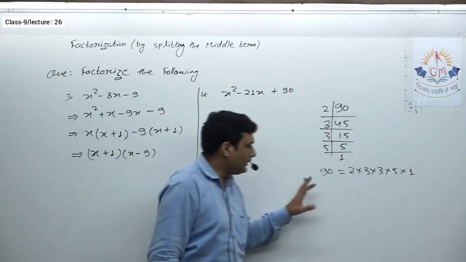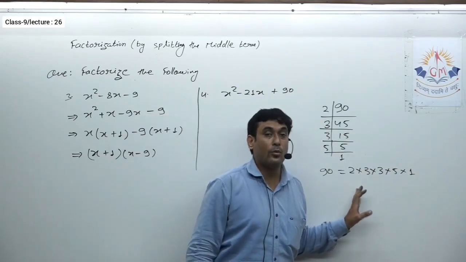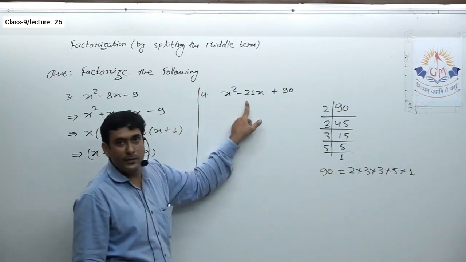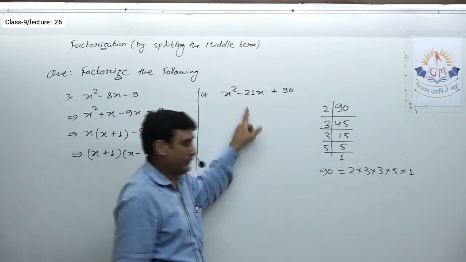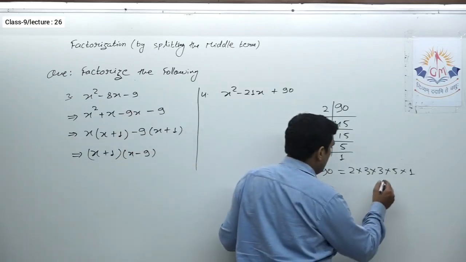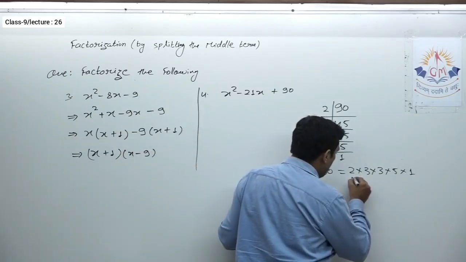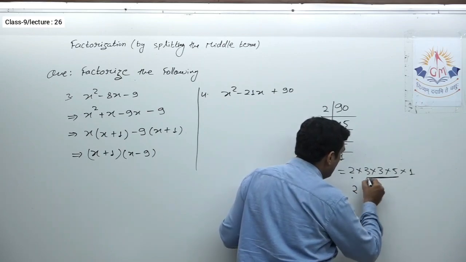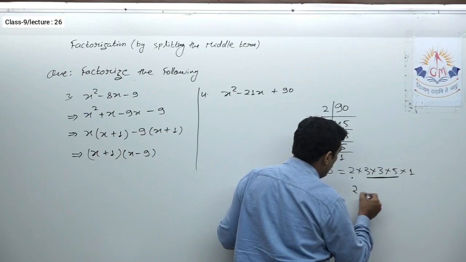Now there are a little bit more numbers, so more combinations are possible. Our target is to get minus 21. Now if I take this and these three together, all these three in one group, this will give 2 comma 45.